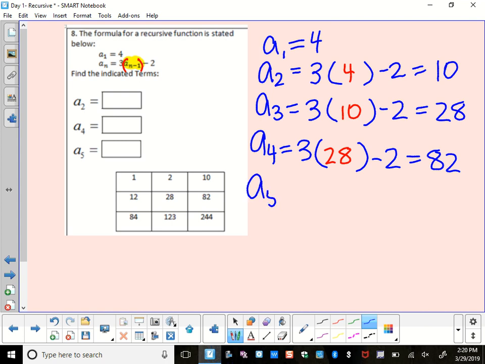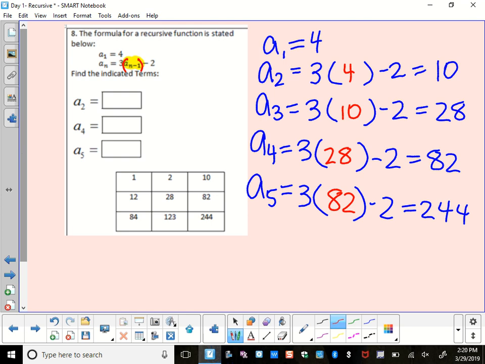And then my fifth term is 3 times the previous term minus 2. What do you get for your final answer? 244? All right, this is also an SOL question. What is my second term? 10, right? So we would have to just drag and drop that into that box.